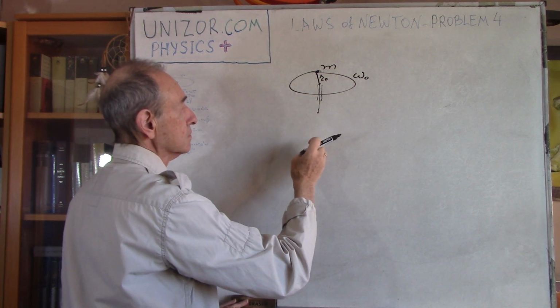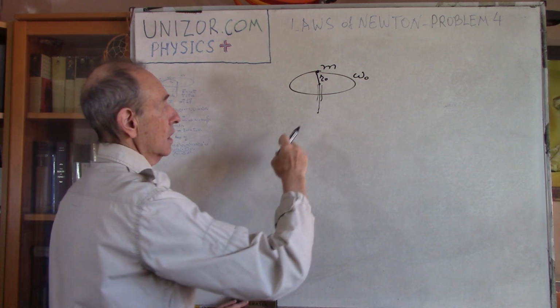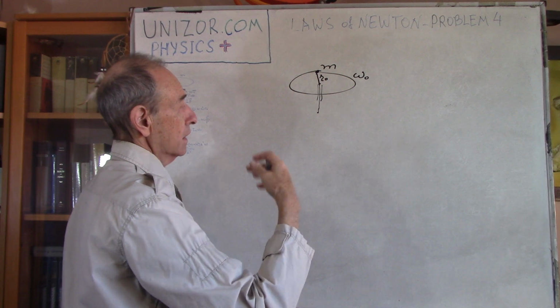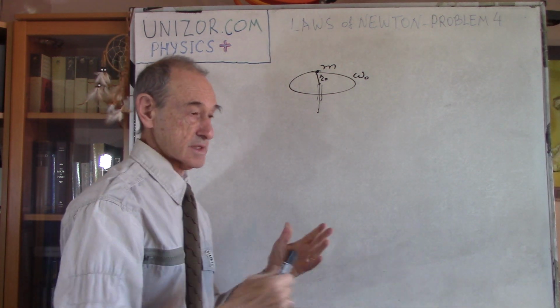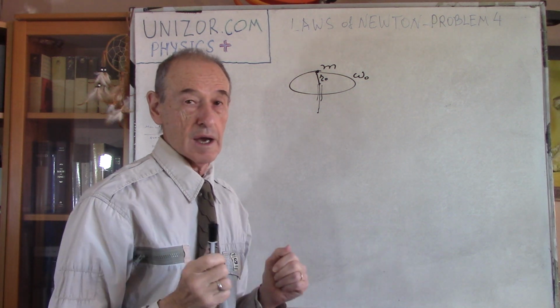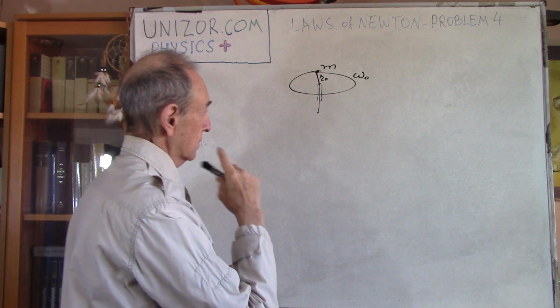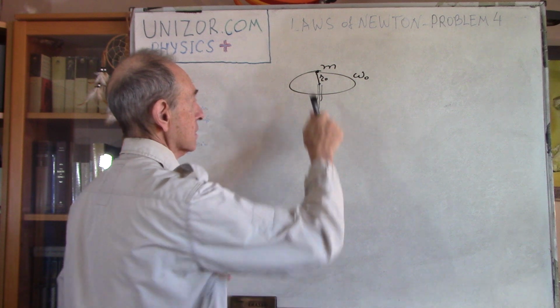If I pull it, the radius will be reduced, and that actually corresponds to the figure skating example when the skater brings the arms back into the body.